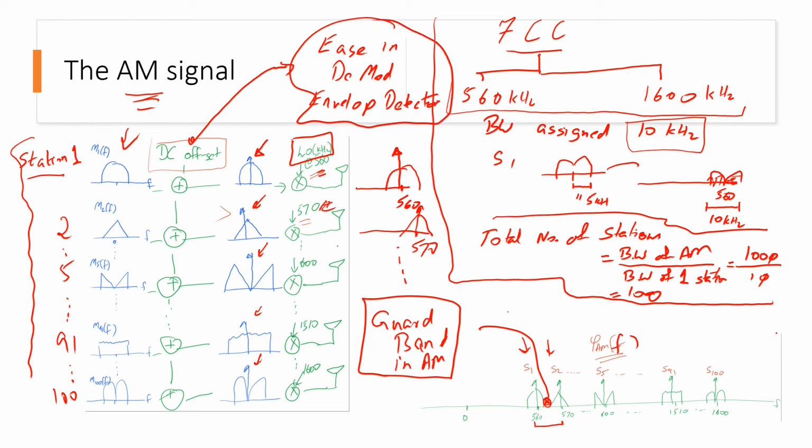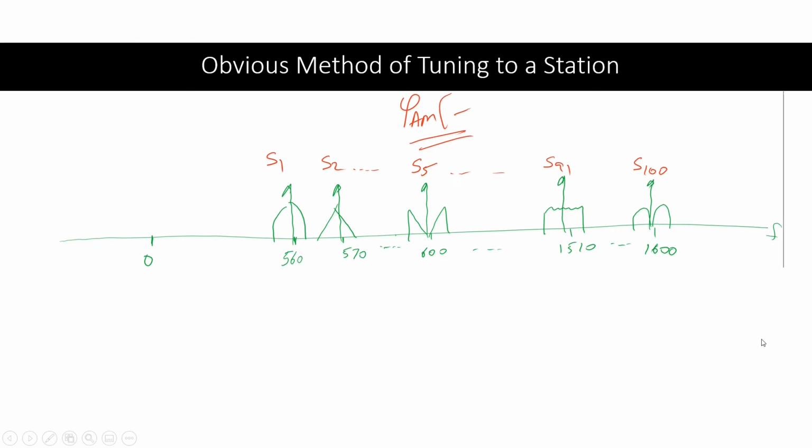So let us again focus on the received signal that we would get in an AM radio device. So this is that received signal, S_AM(f). Now let us say we are interested in tuning just one particular station, and that station is at the carrier frequency of 600 kilohertz. One obvious method is that we can use a band pass filter at this point.